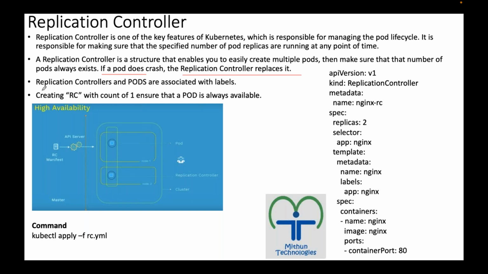And again, the pods and replication controllers are associated using what? How will replication controller make sure those pods exist or not? Again, is it going to use the concept of labels and selectors? The way we use selectors in service, will replication controller also use selectors to identify whether we have those pods or not?